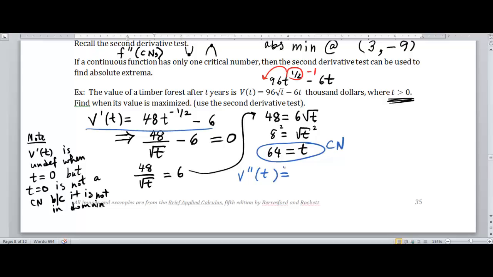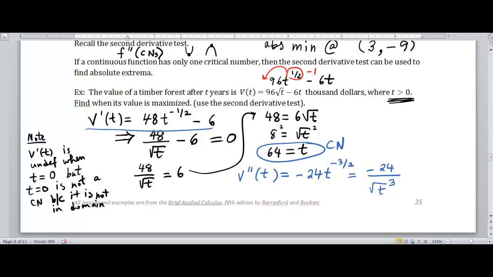Again, you pull the negative 1/2 on the outside, so you get negative 24 t to the minus 1/2 minus 1, which is minus 3/2. Derivative of negative 6 is 0, so this becomes, right here, negative 24 over square root of t cubed.